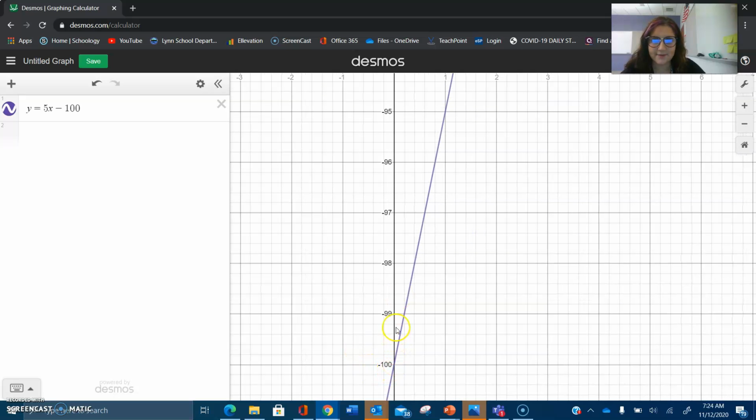So I rise 5, 1, 2, 3, 4, 5, and then run 1 to get to the next point. So there's my next point at (1, -95). So I went up 5 over 1 for a slope of 5.